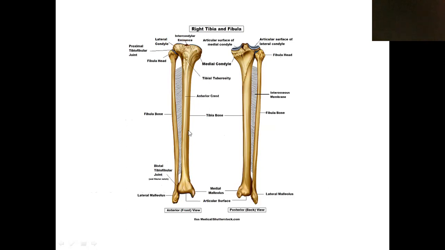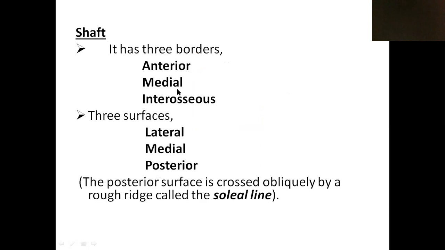That is the anterior border. And this one, the tip of the cursor, is on the medial border. Like that, on the lateral side there is also one border, the lateral or interosseous border, and here you can see the interosseous membrane also. So three borders are clear: anterior, medial, and lateral or interosseous.